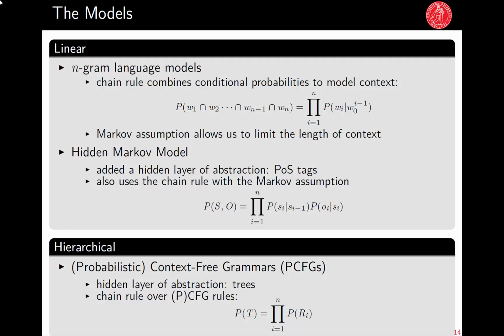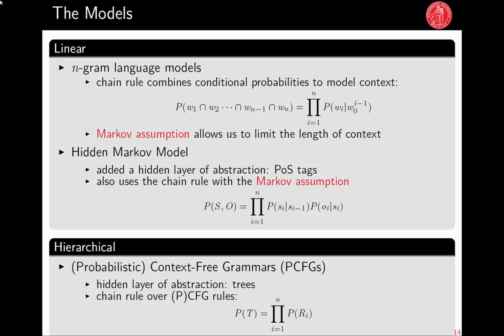And in parsing with context-free grammars or probabilistic context-free grammars, the hidden layer, again an abstraction that we cannot see, are the trees, the syntactic analyses, the syntactic structures. And here we have the same application of the chain rule over sub-events. So we model the joint probability of all of the subtrees in the tree as the product of conditional probabilities. I'll flesh that out.